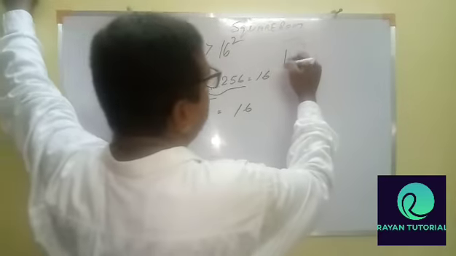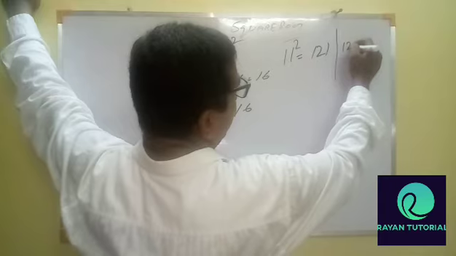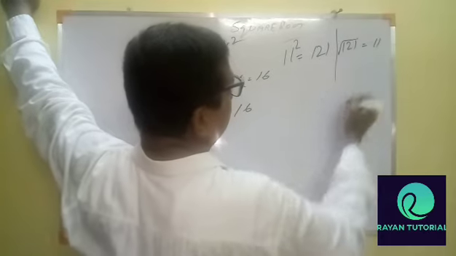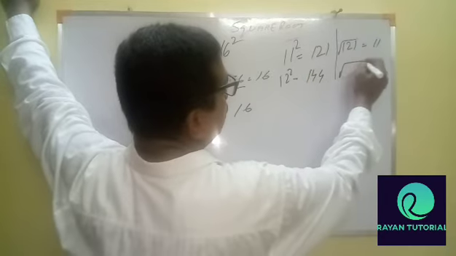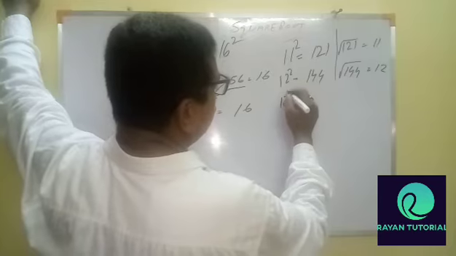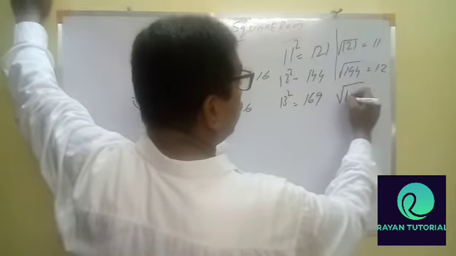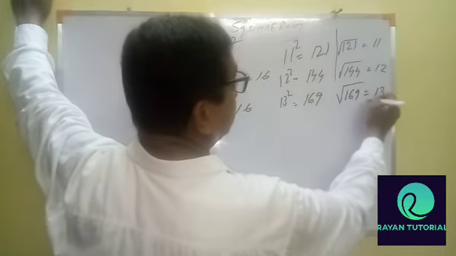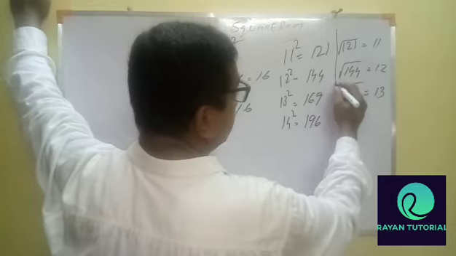Just the reverse. 11 square is 121 and square root of 121 is 11. 12 square is 144. Square root of 144 is 12. 13 square is 169 and square root of 169 is 13. 14 square is 196.